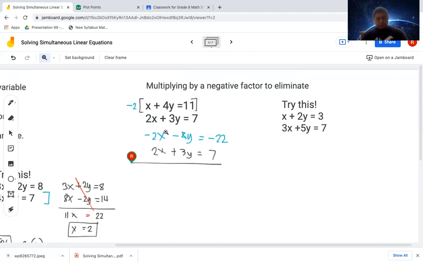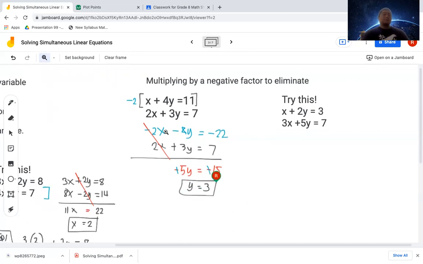So same procedure. We know that this can be canceled out, and you will be having this minus 5y here, which gives us minus 15 for the constant values. And we can simply cancel out the negative sign so that we can easily know that the value of y is equivalent to 3.